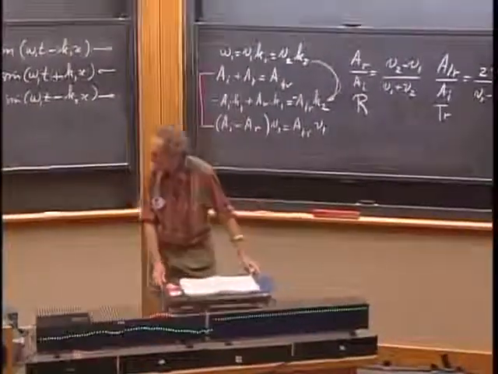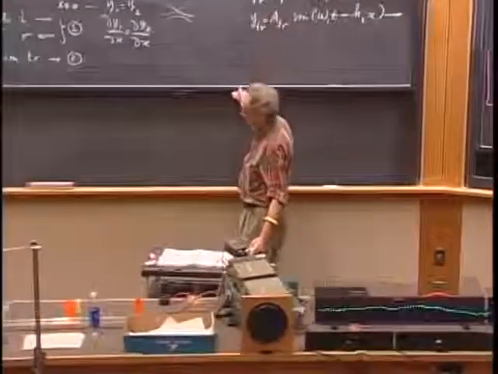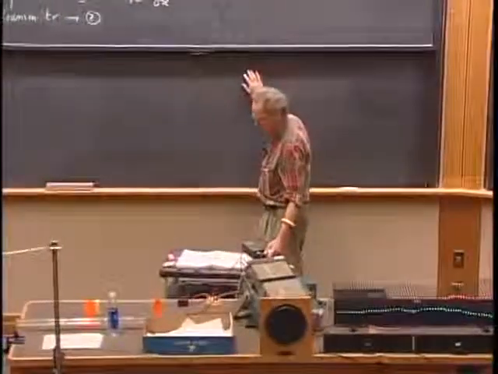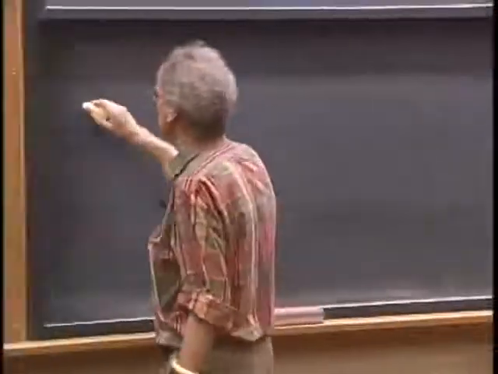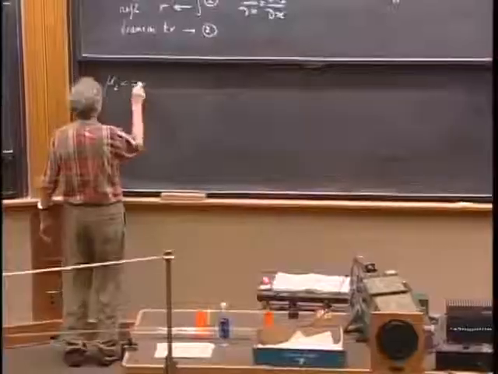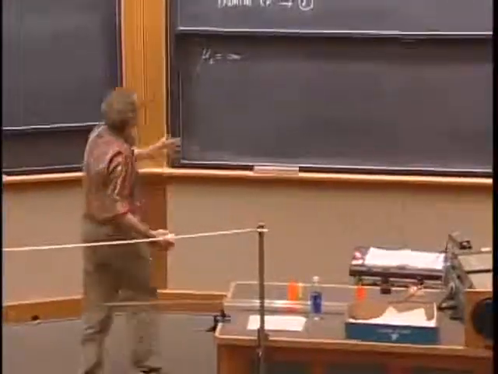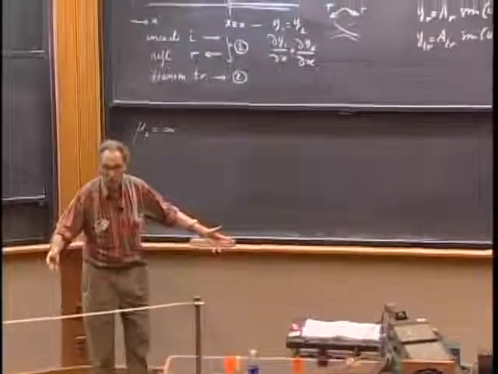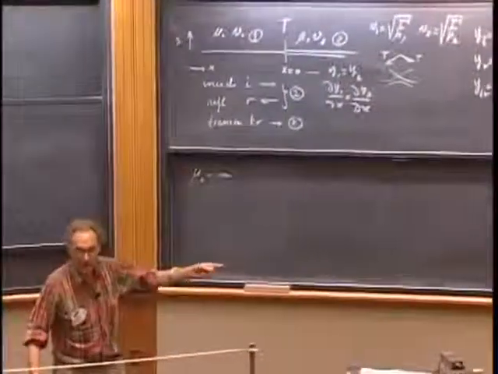We can now do some interesting examples, and you will begin to understand what is happening here. Take an example, for instance, that mu2 is infinitely large. That's a wall. So in other words, that second string is a wall. If that second string is a wall, you better believe that point cannot move.